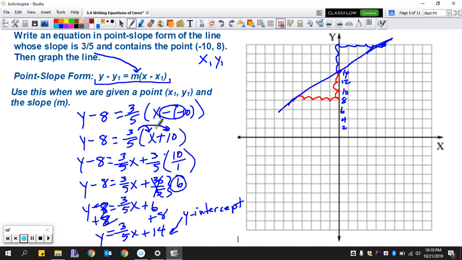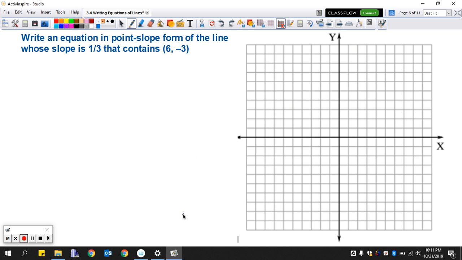So technically, right here would have been the actual answer to the question. We went ahead and solved it in slope-intercept form. This also asks us to put it in point slope form. So that's y minus y1 is equal to m times x minus x1.